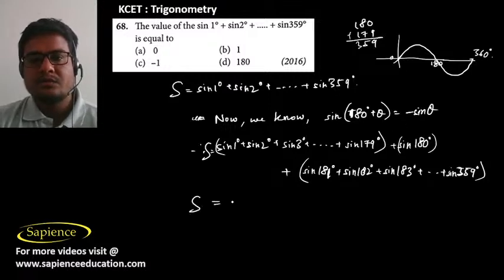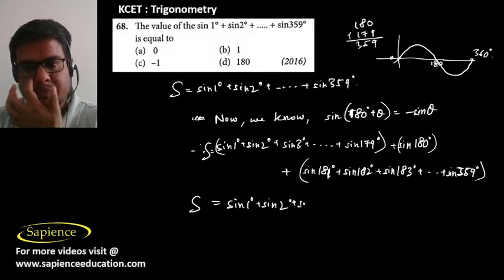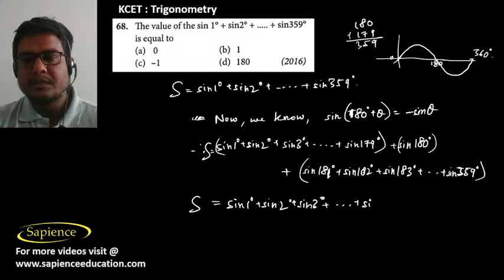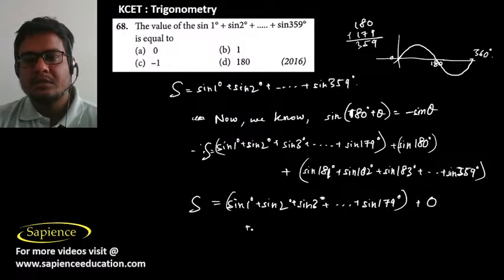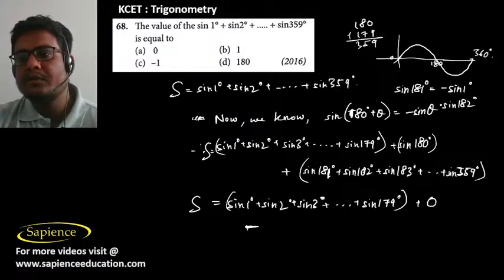So we can write, this is sine 1 degree plus sine 2 degree plus sine 3 degree plus till sine 179 degree plus sine 180 degree, which is 0. Then all these are, for example, sine 181 degree will be equal to minus sine 1 degree, then sine 182 degree will be equal to minus sine 2 degree.